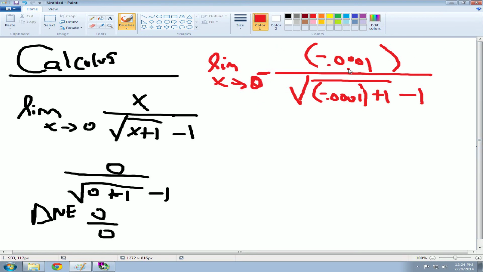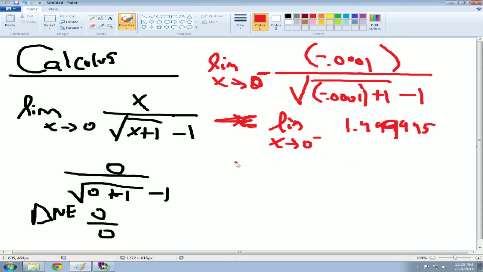So, yeah, 0.99 wasn't as close to 0. I think this is a lot easier. And if we plug this in, we get the limit as x approaches 0 on the left side to be 1.999995 or something like that.